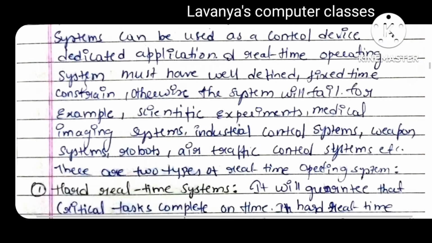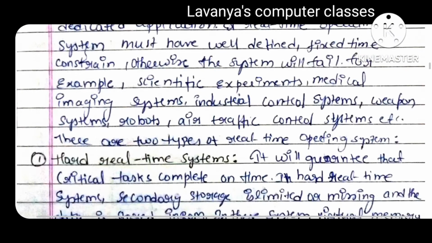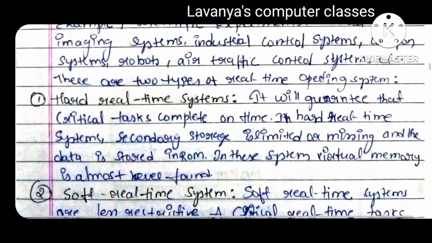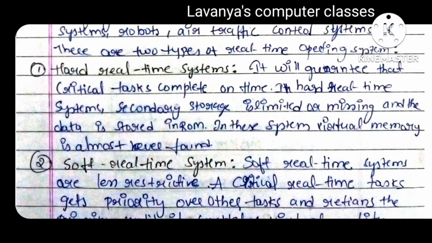Take the pics and read all these questions. Hard real-time systems, soft real-time systems.